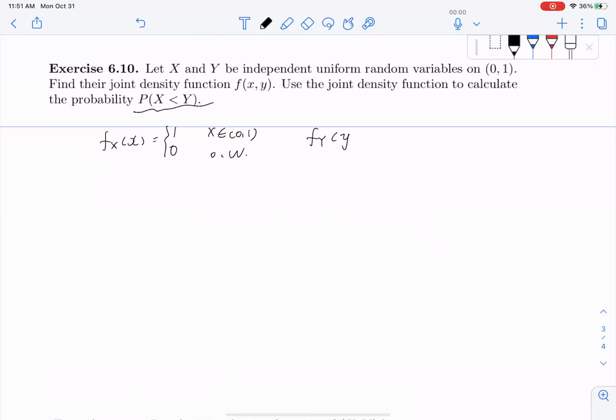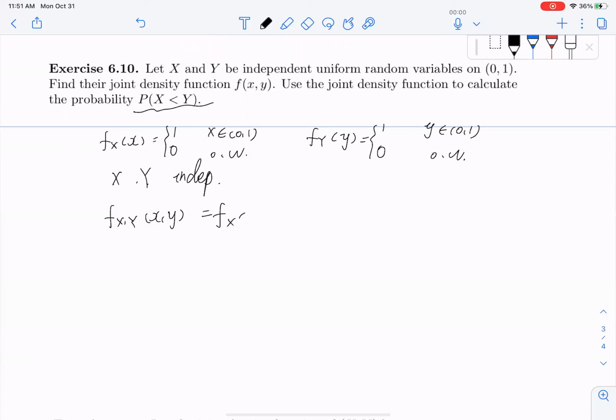For Y, the same, Y between 0 and 1, otherwise it's 0. And we have X independent of Y. Independent.